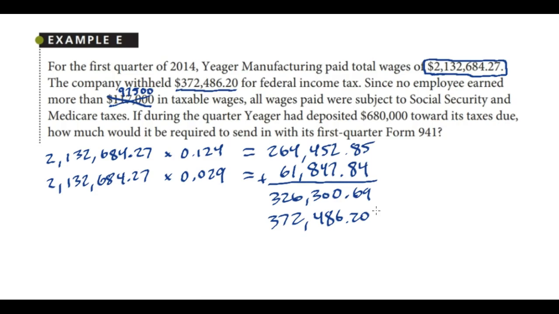So we need to determine the total of these two values, which comes out to $698,786.89.